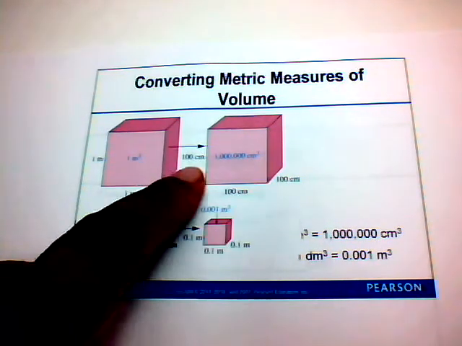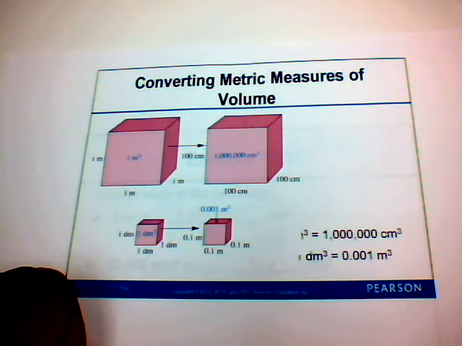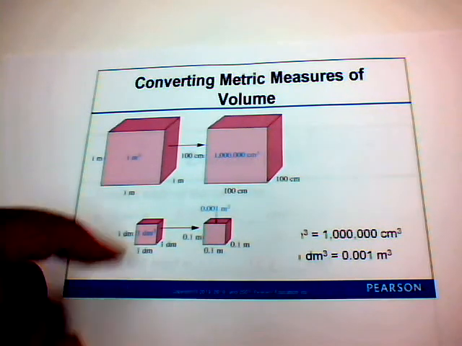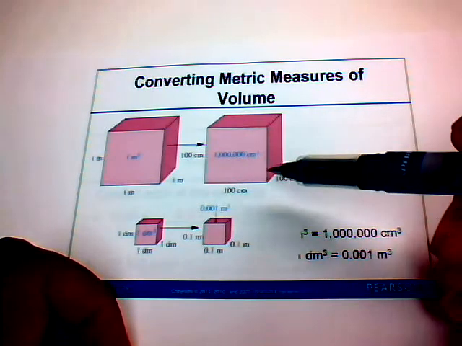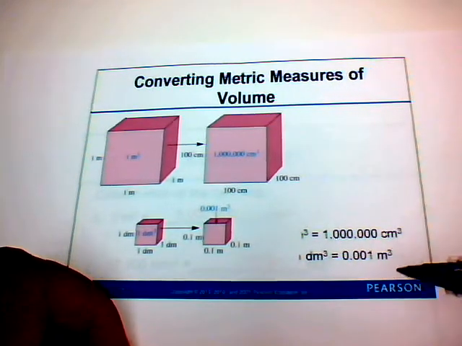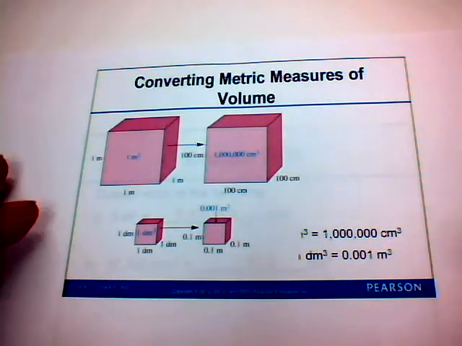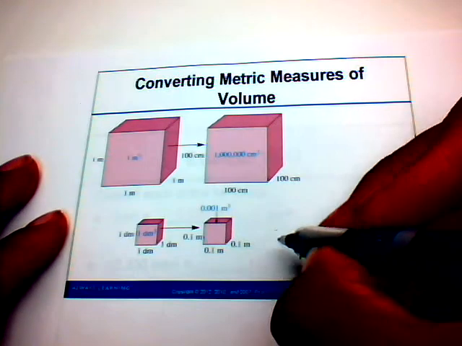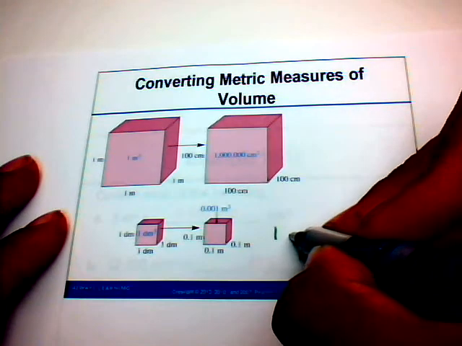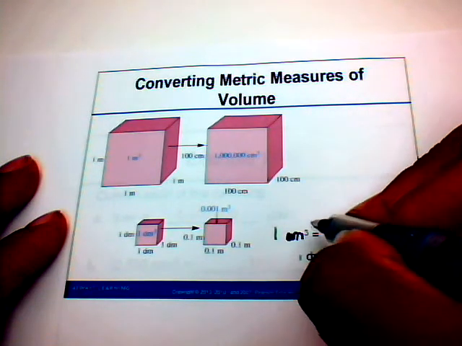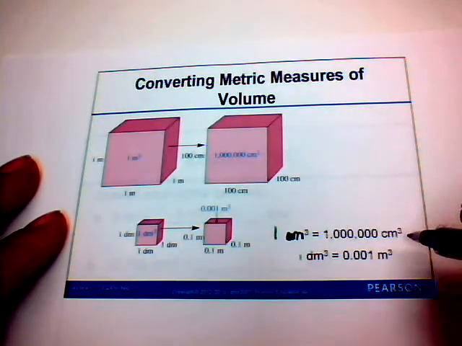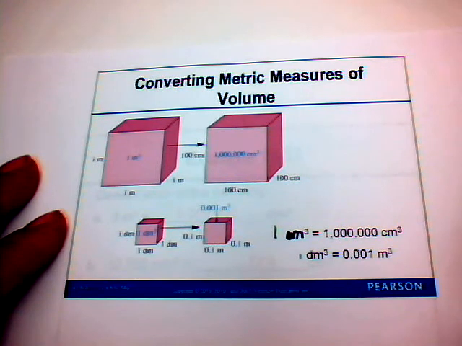So the length, width, and the height is also 100 centimeters. And that means that the volume will be 1 million cubic centimeters. So in this case, we can say that 1 cubic meter is equal to 1 million cubic centimeters.